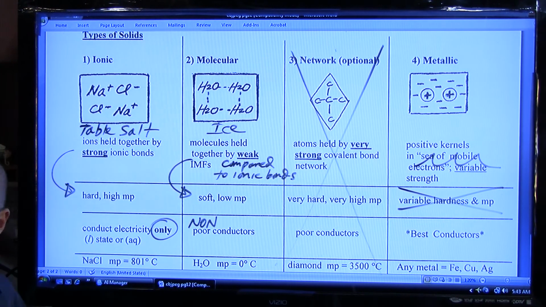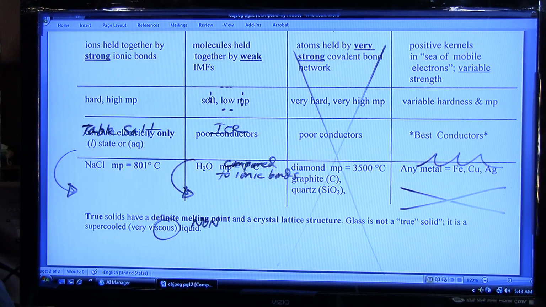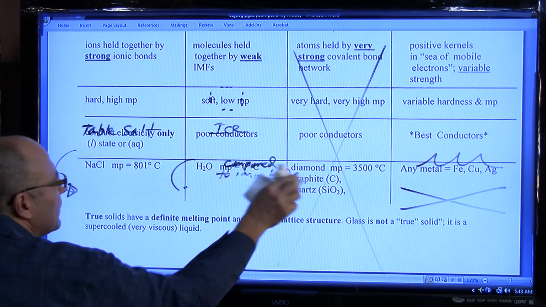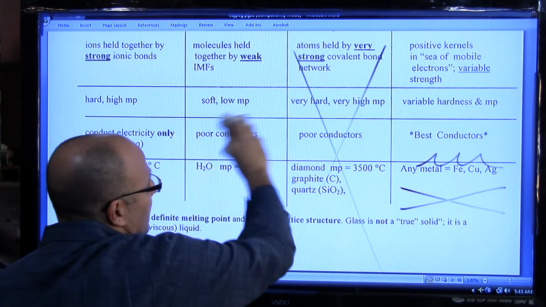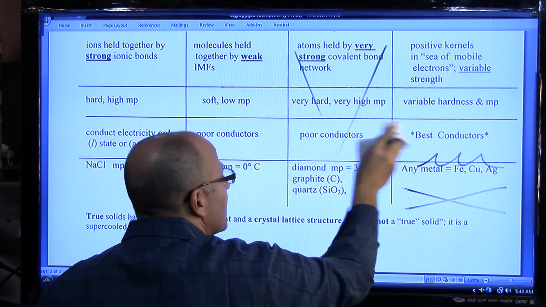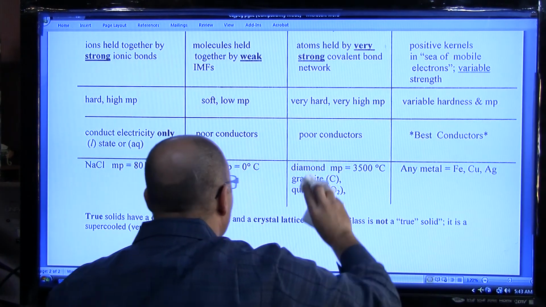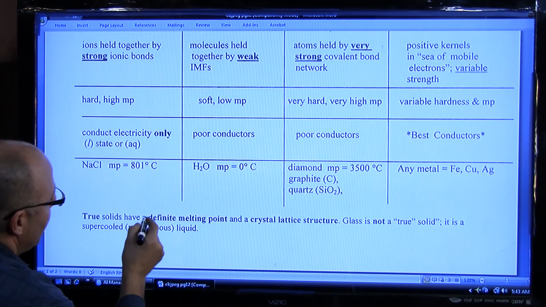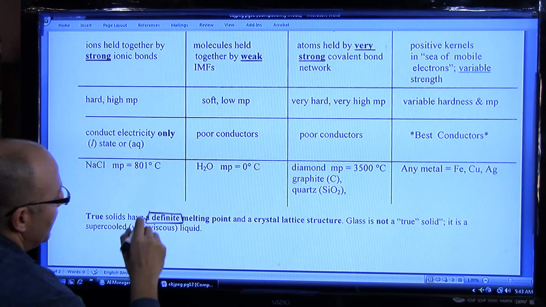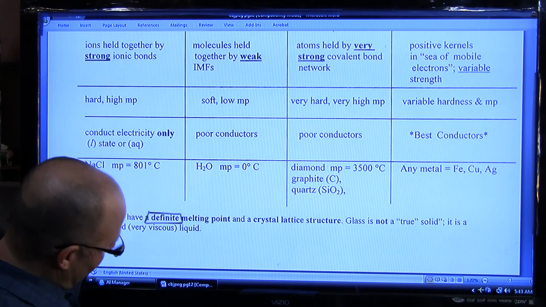Finally, then, at the bottom of this page, in very small font, I mentioned the fact that true solids, such as ice and metals and salts, true solids have a definite melting point, a specific temperature at which, when that sample reaches that temperature, it turns from solid to liquid.